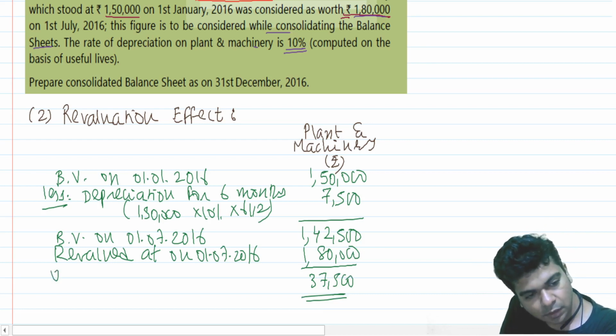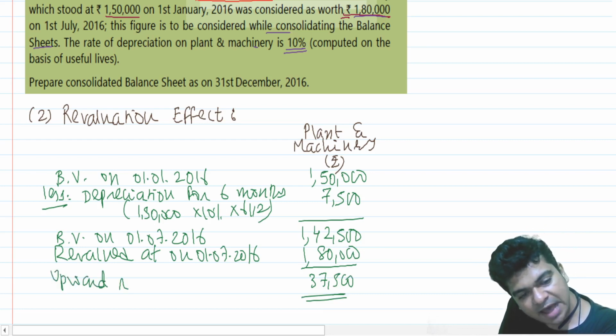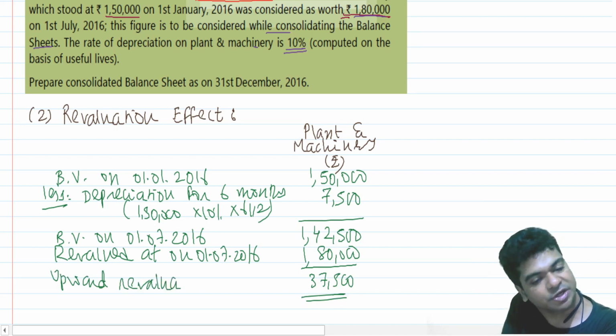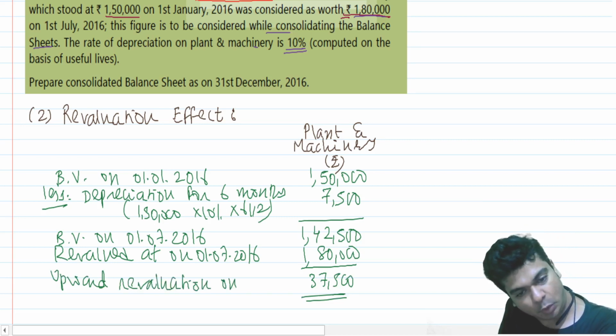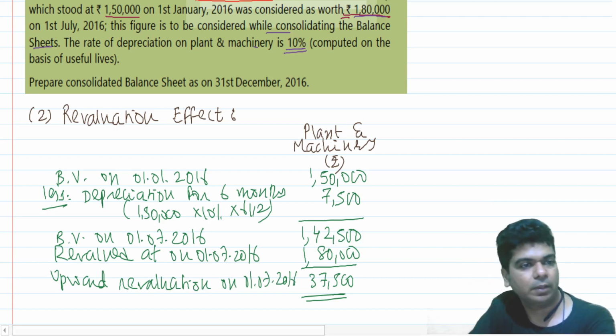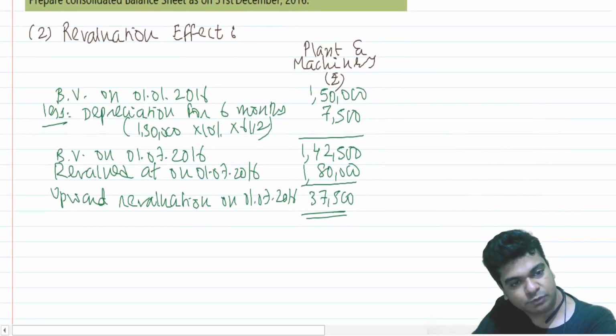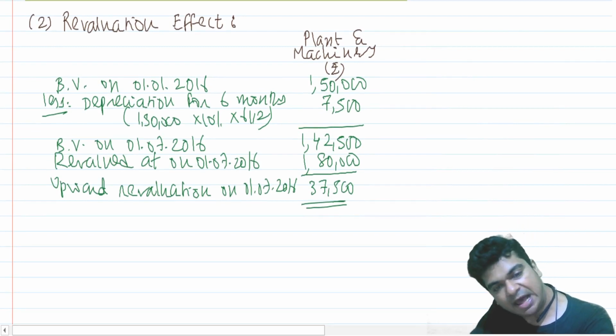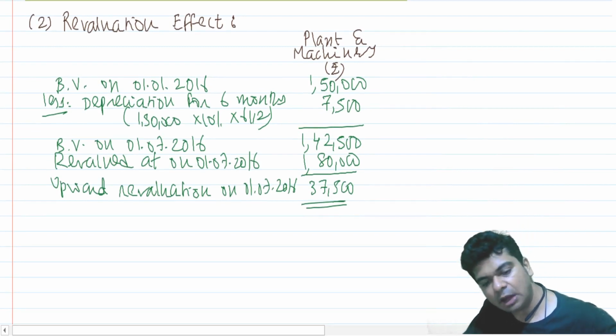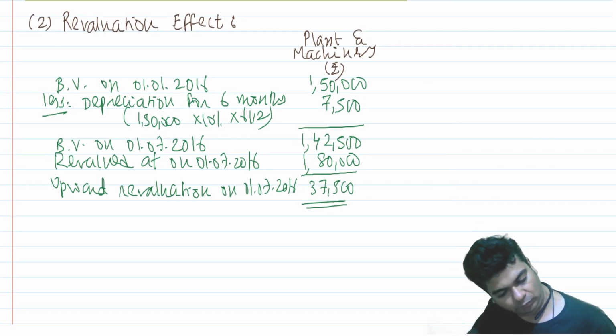This is upward revaluation. You can even use the word revaluation gain. Upward revaluation on 1st July 2016. So we have carried out an upward revaluation of 37,500.